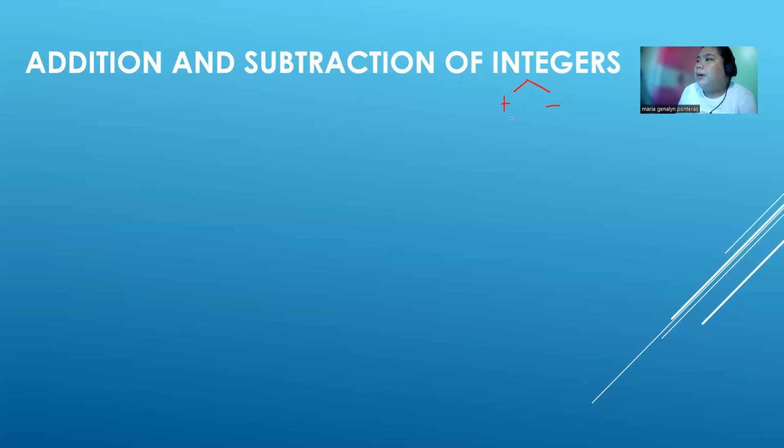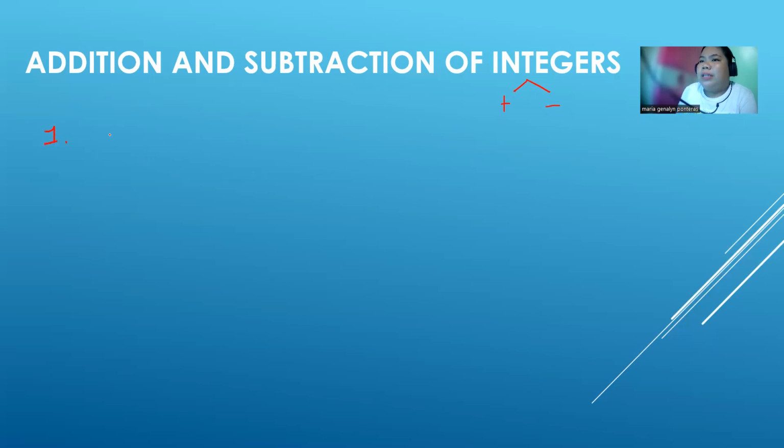Positive numbers are numbers greater than 0, and negative numbers are numbers less than 0. I also discussed the number line, the correct arrangement of our integers. Where should negative be? Negative is on the left side of 0, and positive numbers or integers are on the right side of 0. Let's review, because maybe you have forgotten again.